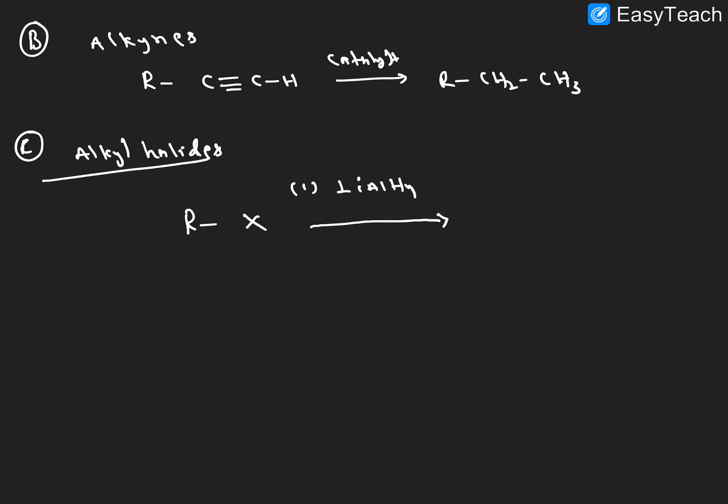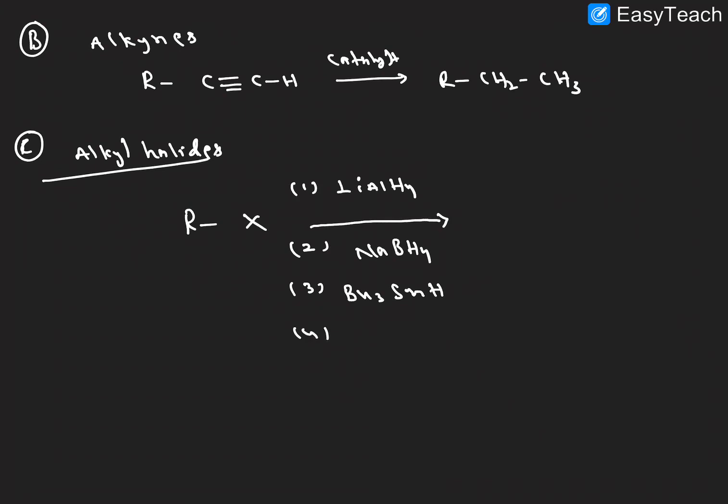We will get alkane. The second reagent is sodium borohydride. Next one is tributyl tin hydride. So here also we get hydrocarbons from alkyl halides.